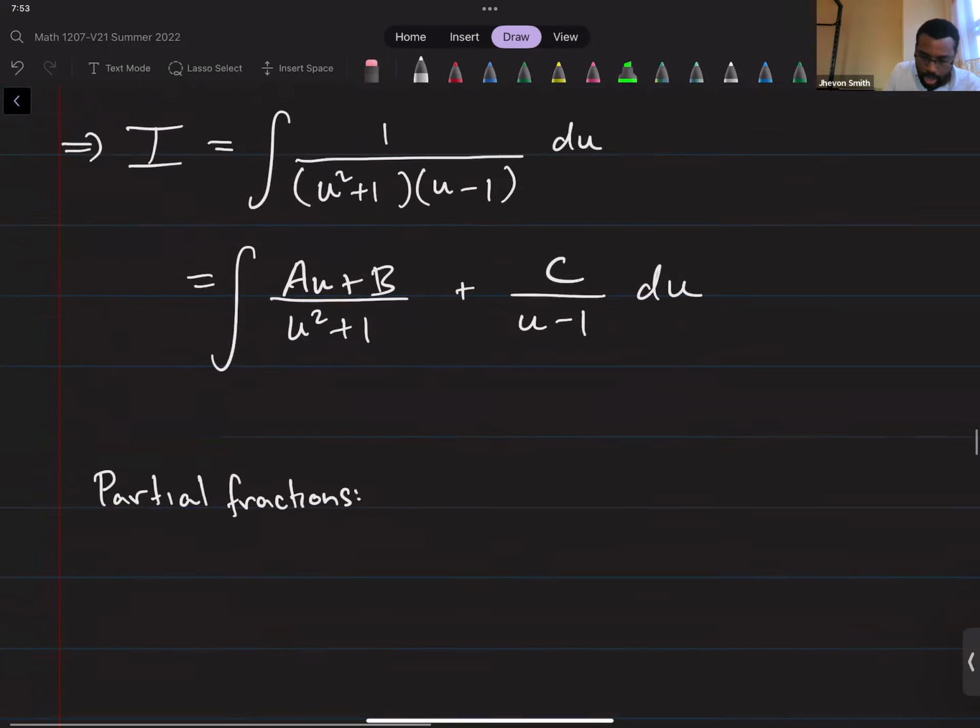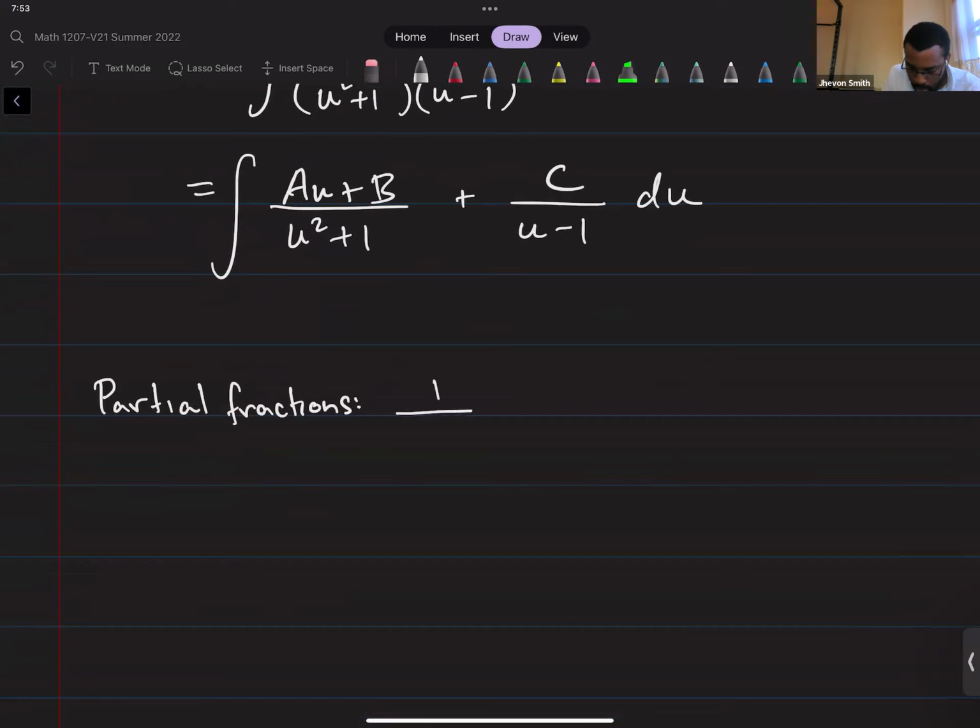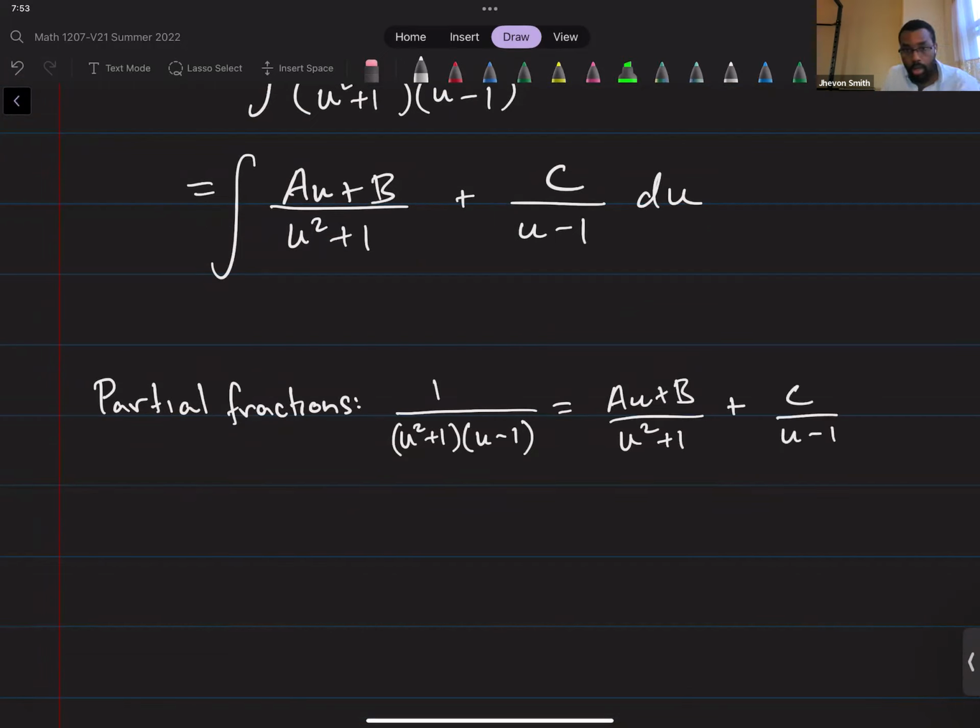So originally our guy was 1 over u squared plus 1 times u minus 1. And we broke that down to Au plus B over u squared plus 1 plus C over u minus 1.